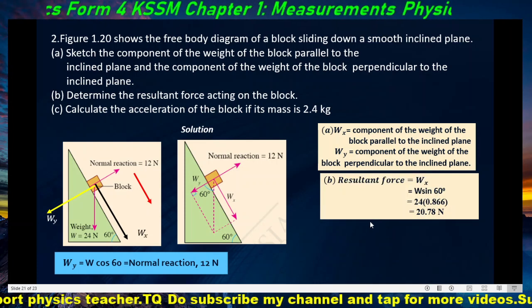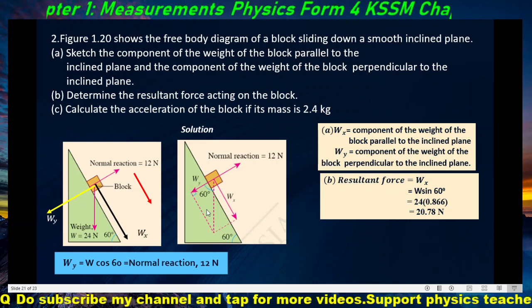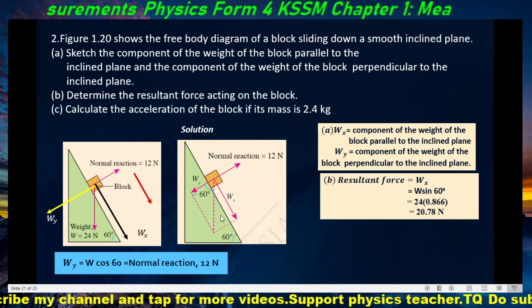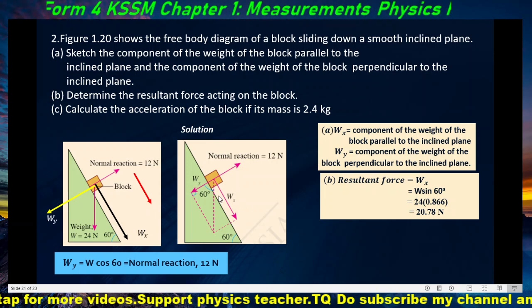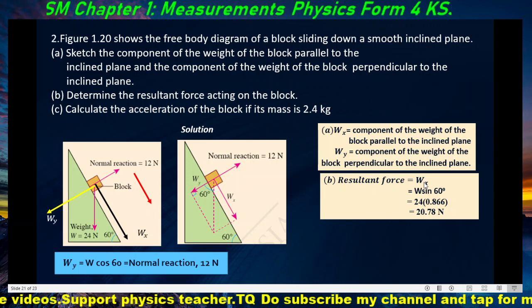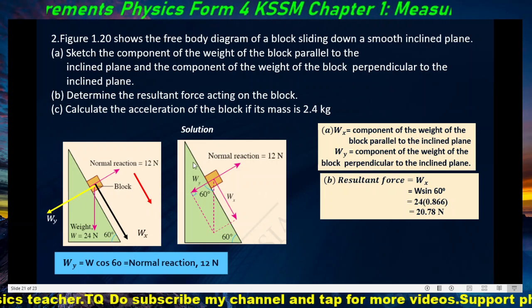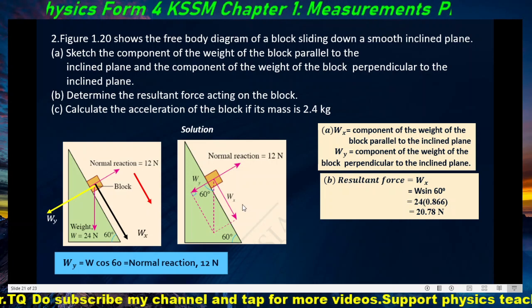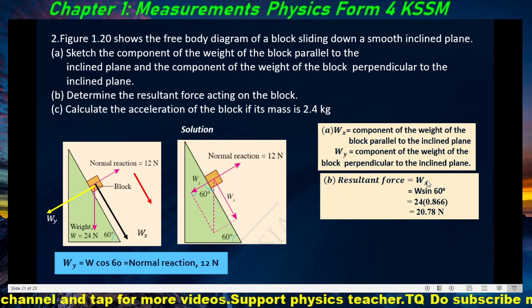So now resultant force is what? It's a force that causes acceleration or motion. So this one is the force that caused the motion. So resultant force equals to Wx, because there's no friction, there's no applied force. This is the only force that caused the block to slide down. So resultant force is Wx.